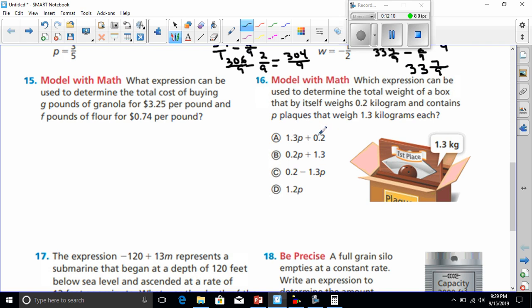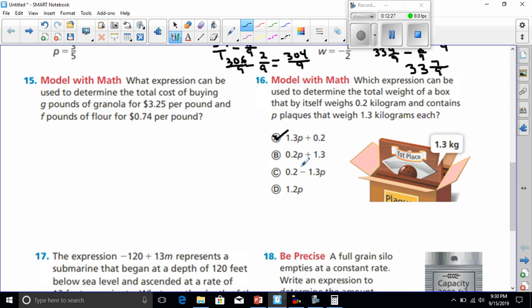Well, that to me sounds like it works just fine. Let's check the next one. 0.2 times P. Well, that's not true, because remember, 0.2 was the box itself.